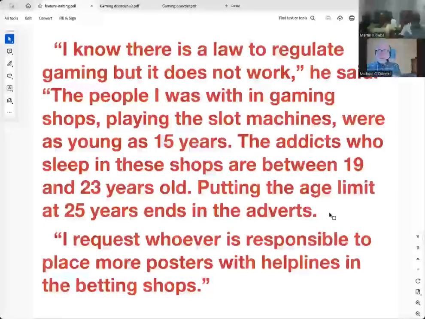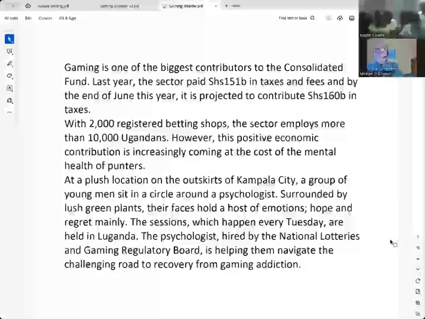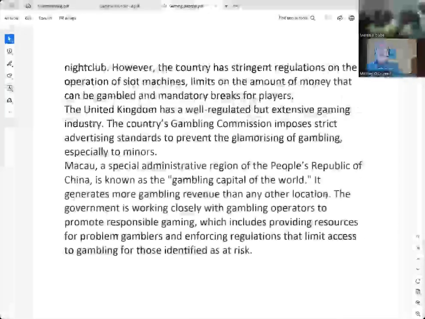Africa. Okay. If we go back to the story, if we go down to the bottom here, we can see that's his last paragraph.